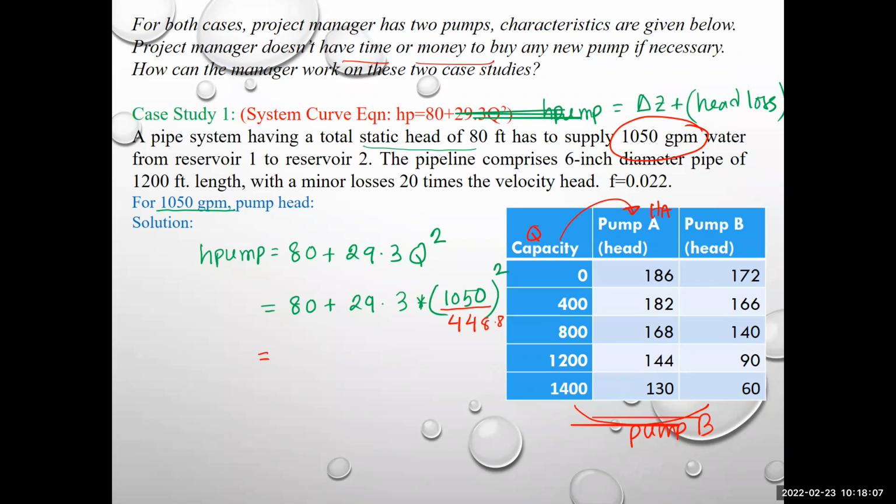What number did you get? 240.3 feet. Okay. Anyone else get something different?